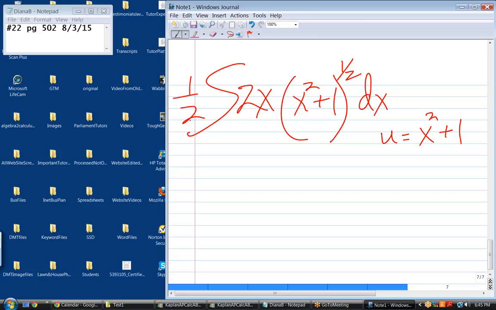So 1/2 times the integral of 2x times this quantity is the same as the integral of x times that quantity. In other words, we don't need that to be precisely the derivative of that, because all we need it to be is the same power. It doesn't need the proper coefficient. We can always get the proper coefficient in there.